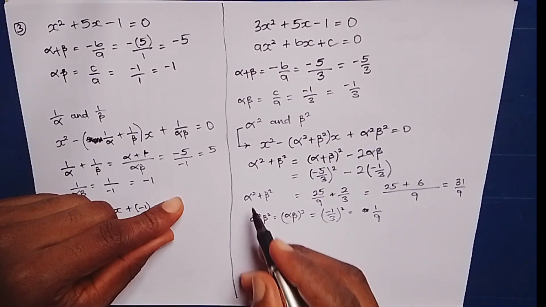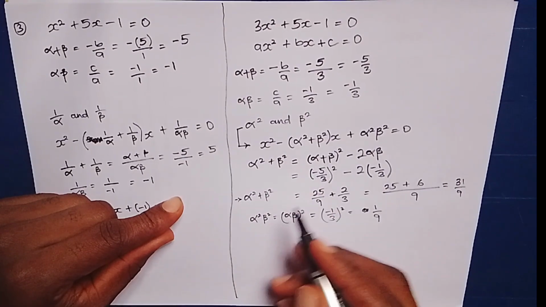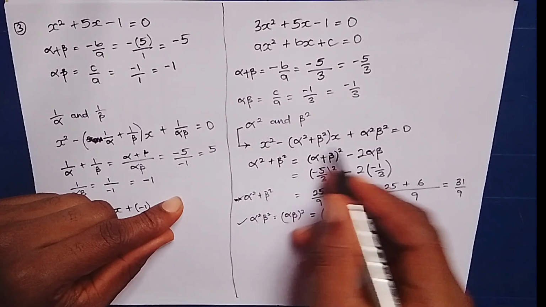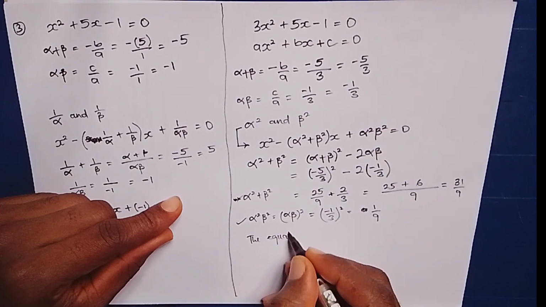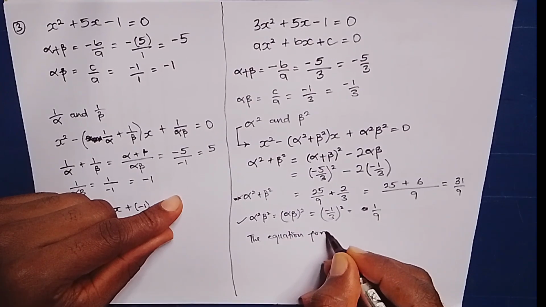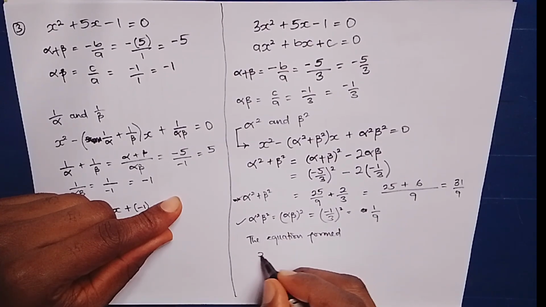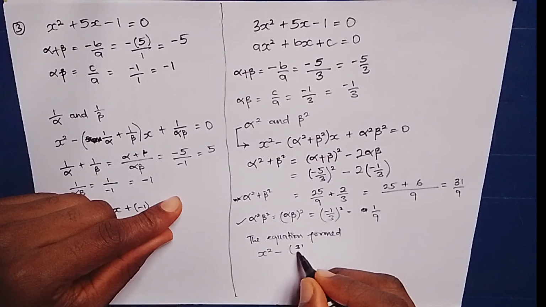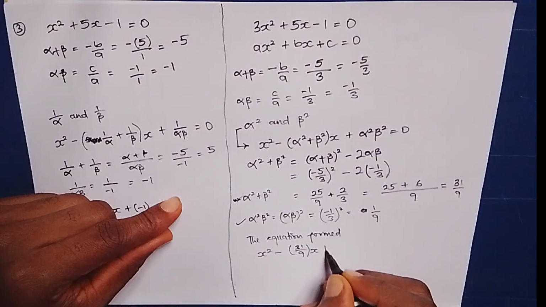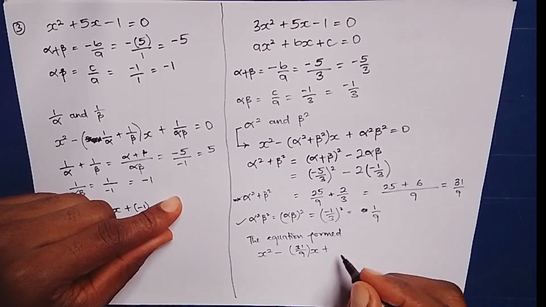So substituting these values, the equation formed is x squared minus, what's our alpha squared plus beta squared? 31 over 9, x plus, what's our alpha squared beta squared?